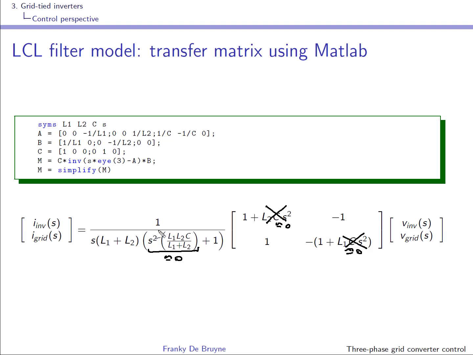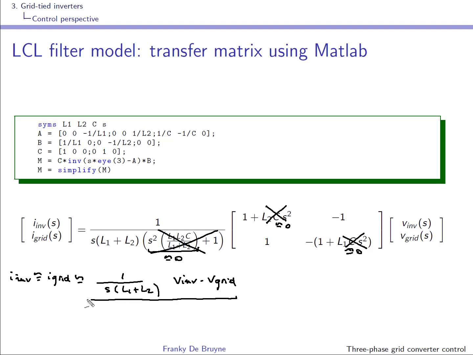So this means that you can forget this whole factor over here also, and you obtain an approximate model that is the following one, okay. And you have here V_inf minus V grid, okay. So you have E_inf equal in approximation to E grid, and they are both equal to this quantity over here.